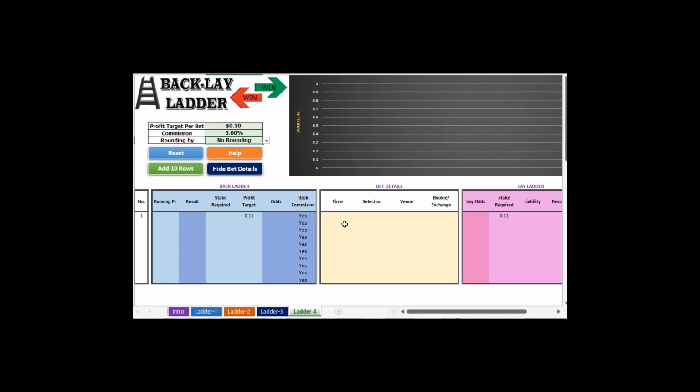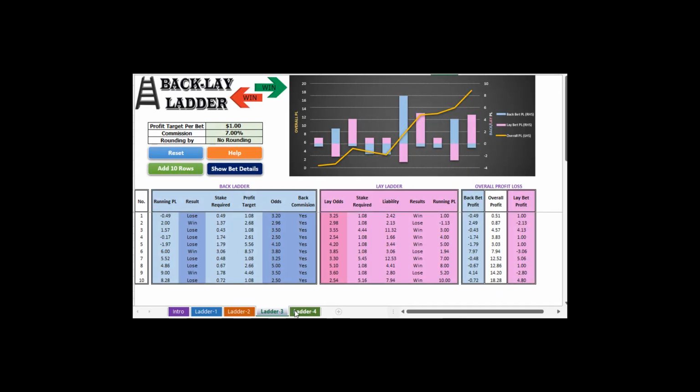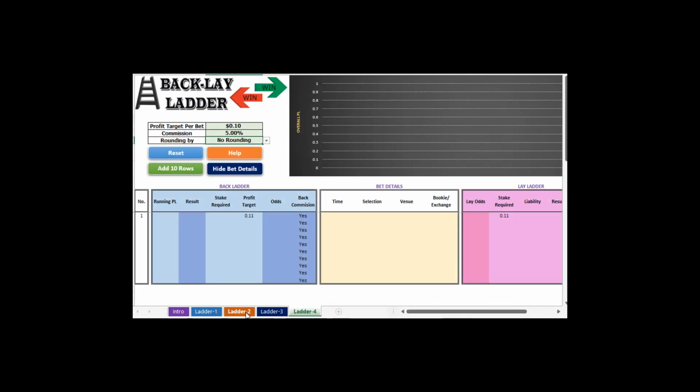Now if you want to write the details of each bet in here, then that's fine, especially if you're doing sports betting where it takes a while to get the results, then you may need to put them in so that you know which ladder down here to come back to, because each ladder is an identical ladder, and you can be running dogs on one, horses on one, sports on one, cricket or tennis on another one.